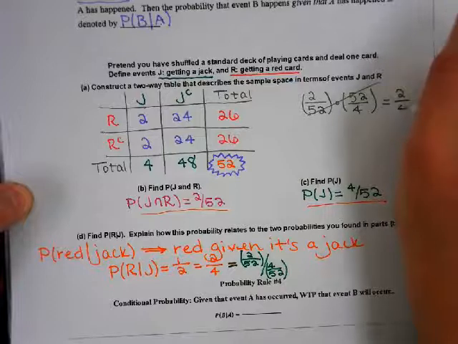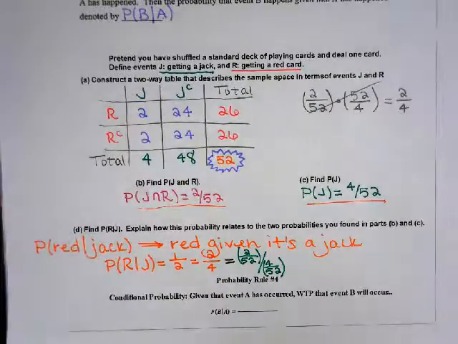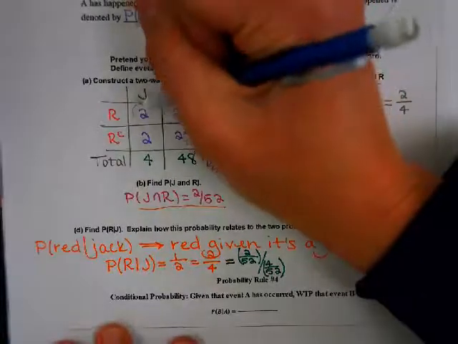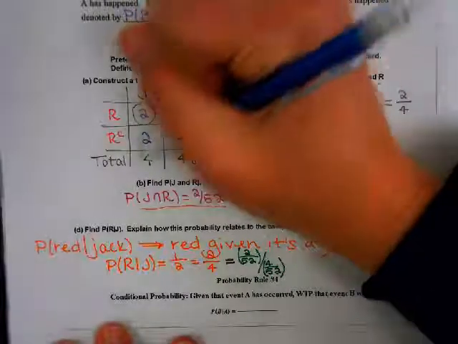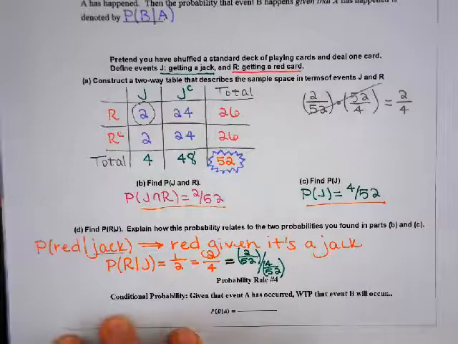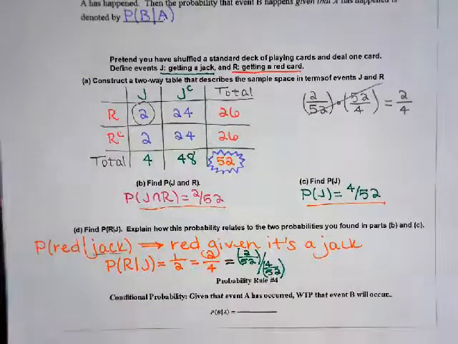Now, in this example, it's pretty simple to see that we have 2 jacks out of 4 total jacks. But that's not always the case, so we do need to know how to get it using the formula.